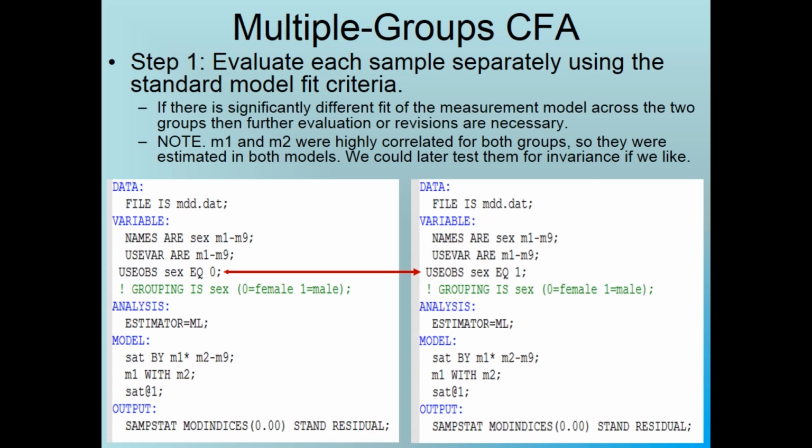Another change is that we're going to correlate the error variances for M1 with M2. I really want to know whether those error variances are significant for one or both samples. We can also, at a later time, test whether those error variances are equal across the groups.